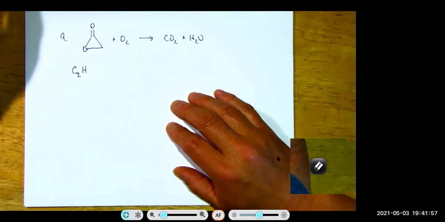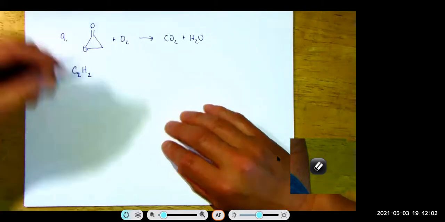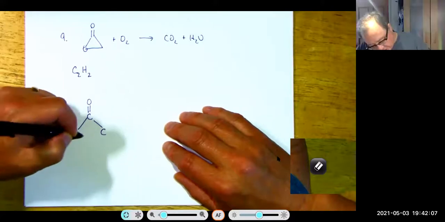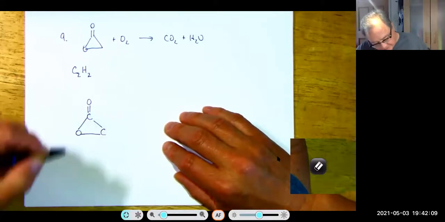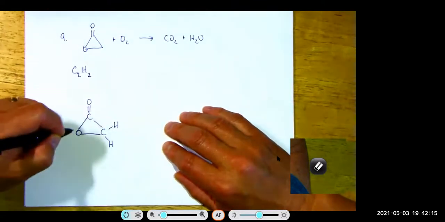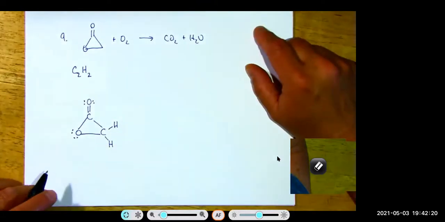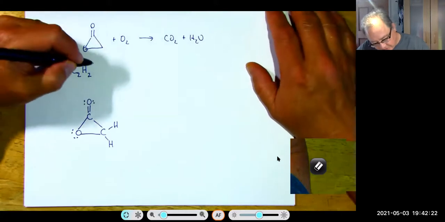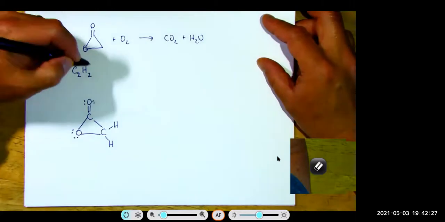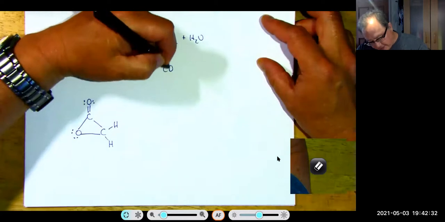I see 2. I'm putting 2 off of the carbon and then 2 off of the oxygen. Oh, does oxygen make 4 bonds? Oh, no. So isn't this the Lewis structure for that one? Right, okay. So C2H2O2. Okay. How many CO2s will we make?